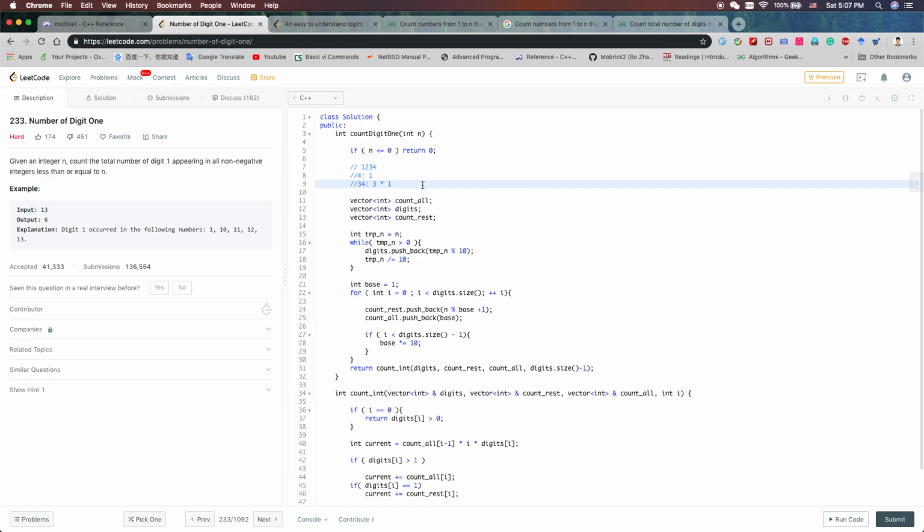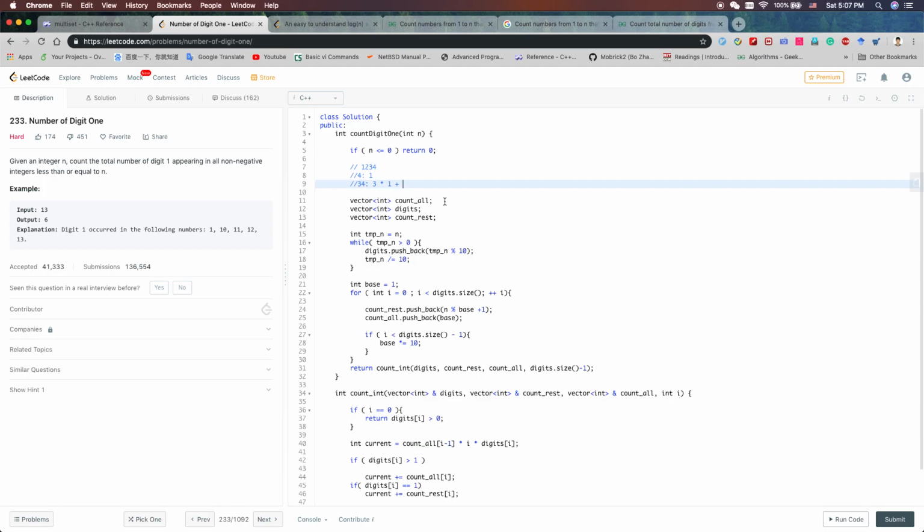And then the second part, we should consider, in this second base, if this number 34 is above 10, right?